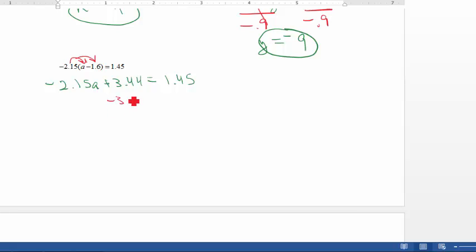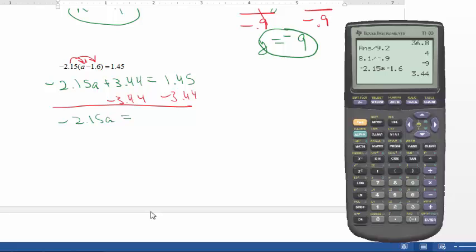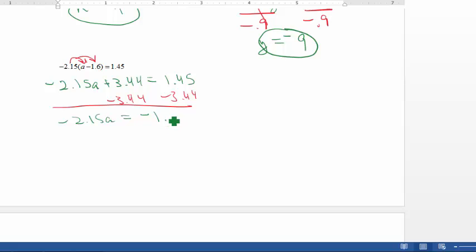Now again, it's just two steps remain, right? Get rid of this by subtracting 3.44. So we have negative 2.15a equals 1.45 minus 3.44, negative 1.99. I think this is going to be a nasty answer here, right?